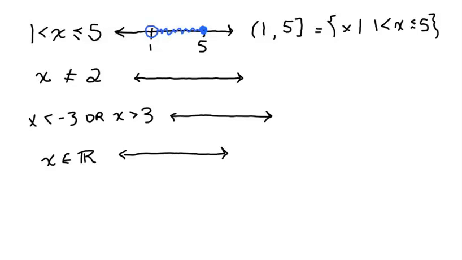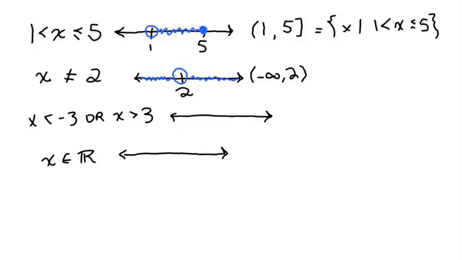Next, let's look at x is not equal to 2. We're going to begin by putting 2 on our number line. We don't want to include the value of 2, so let's put an open circle at the value of 2, but we can take any other x value. So that includes all values greater than or less than 2. In interval notation, we're going to have two brackets. We're going to have one from negative infinity to 2. I don't want to include 2, so there's an open bracket here at 2.